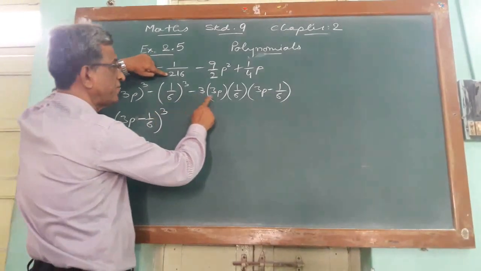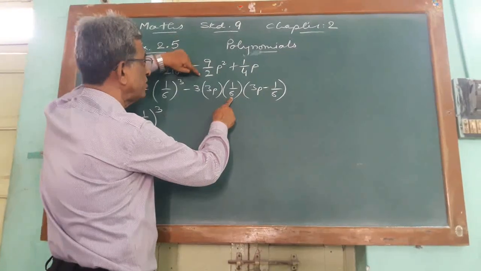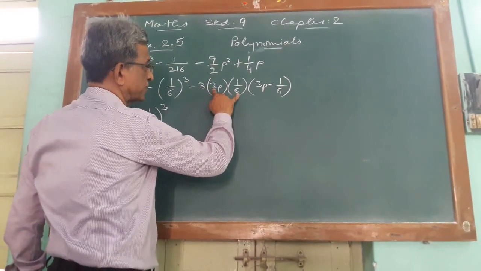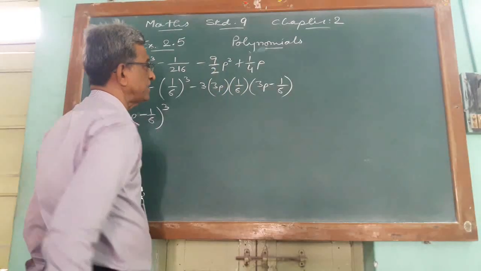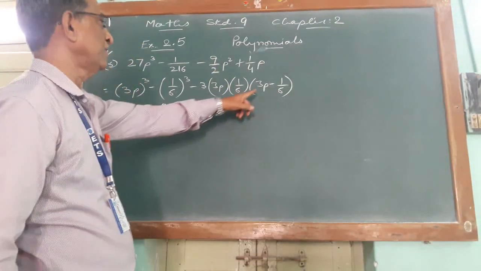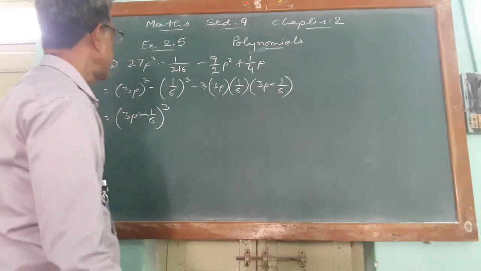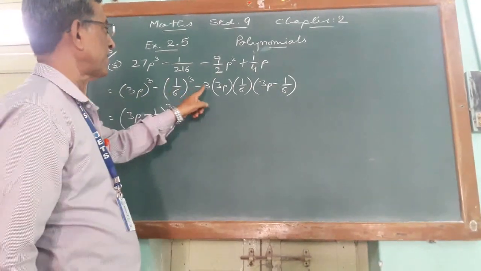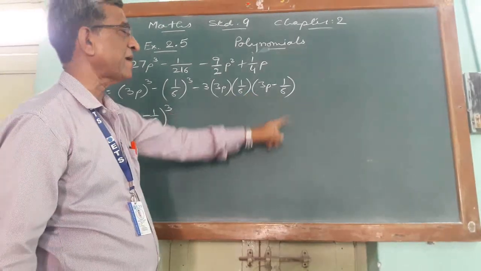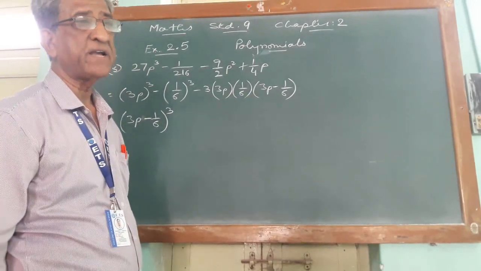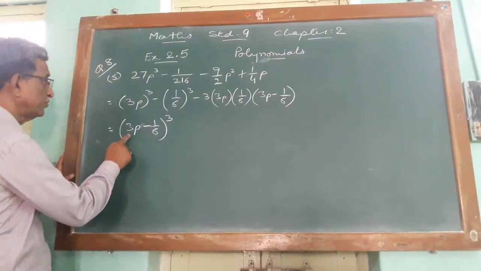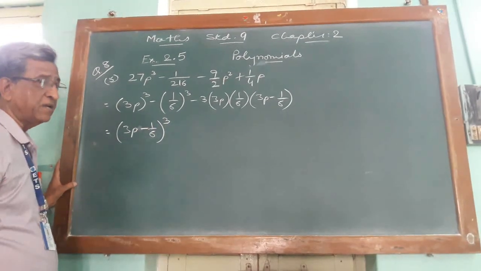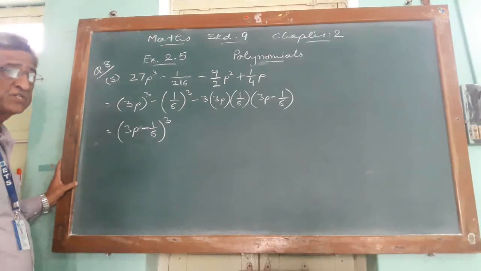Now if you simplify this, you will get 9 upon 2p square; 3 3s are 9 and 6, so they both will cancel by 3, giving upon 2 into 3p minus 1. So it becomes the formula a cube minus b cube minus 3ab into a minus b. So you can write a minus b whole cube, that is 3p minus 1 upon 6 whole cube.